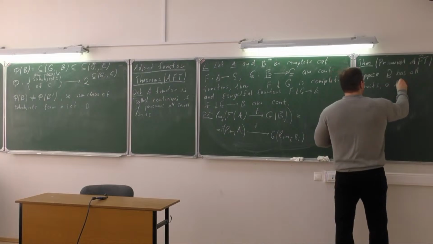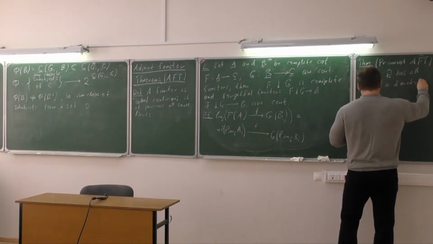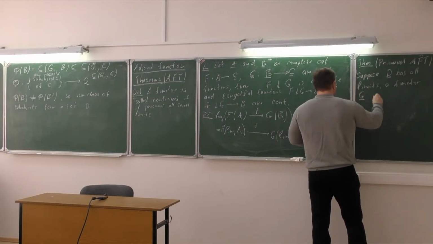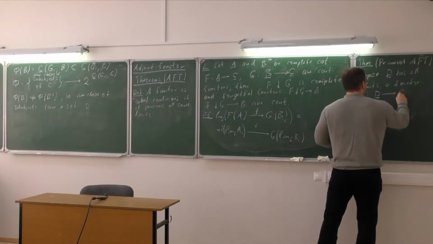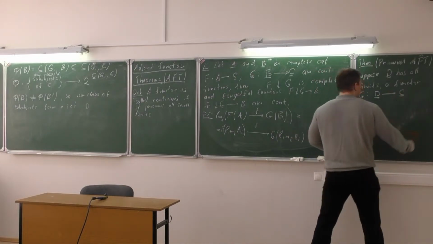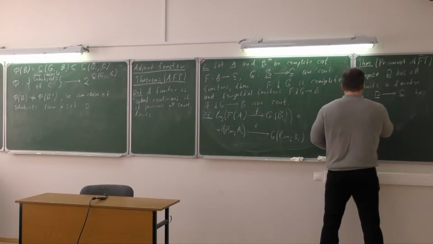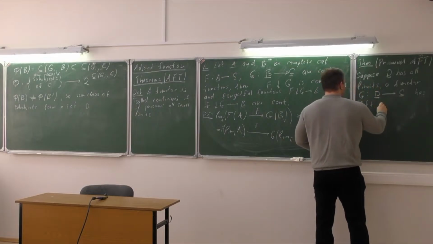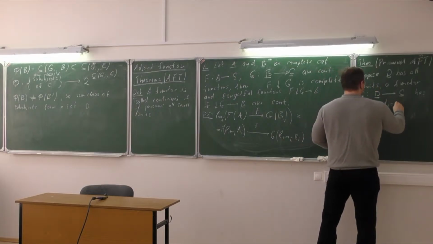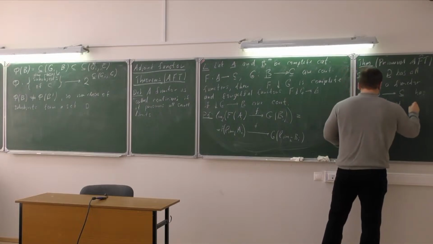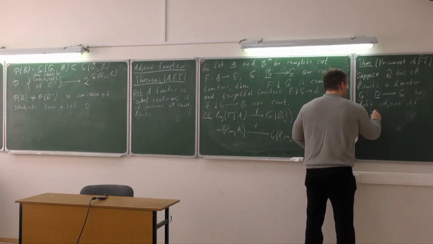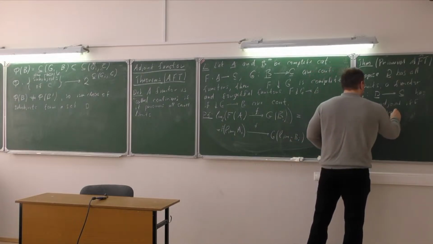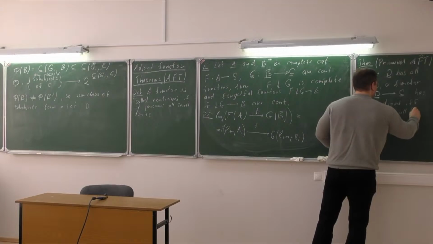So a functor G from the category D to some other category C has a left adjoint if and only if G preserves all limits.